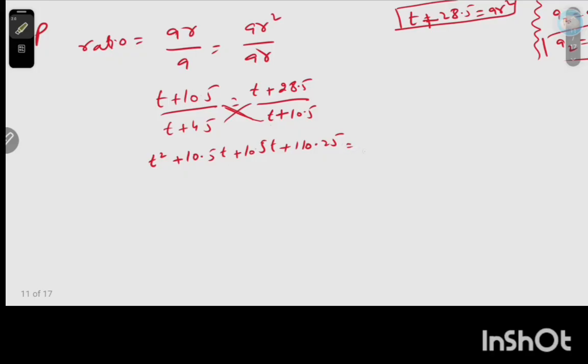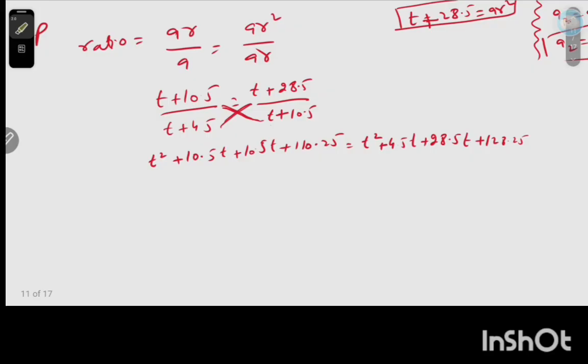The other side simplifies to t square plus 4.5t plus 28.5t plus 128.25. This multiplies by this one and this multiplies by this one.